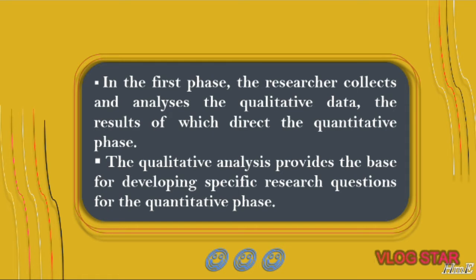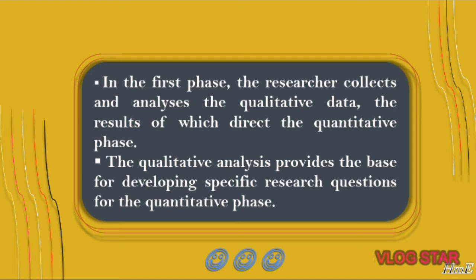In the qualitative phase, the researcher has to gather the qualitative data, then analyze the data and come to the concluding part, or give the results of that part. Using those results, the researcher can find the direction to build up his quantitative phase.